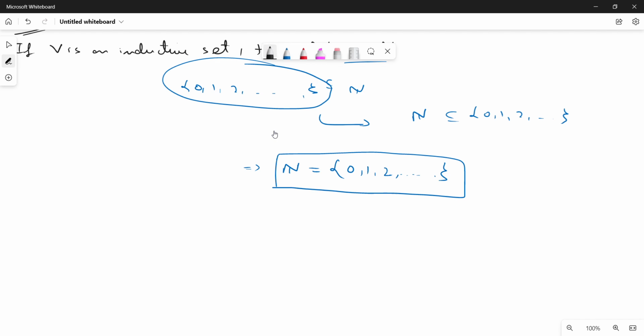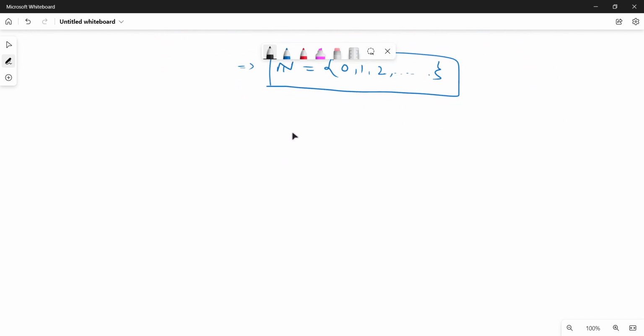So now we have only two things left: constructing the arithmetic of natural numbers, what we call the axiomatic arithmetic of natural numbers.